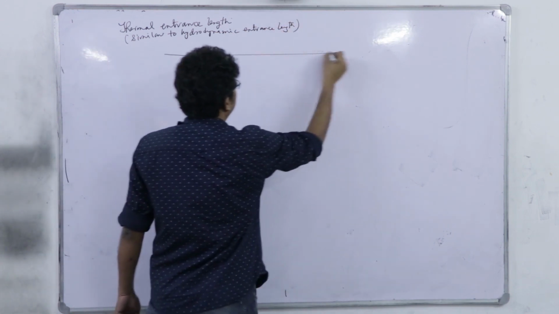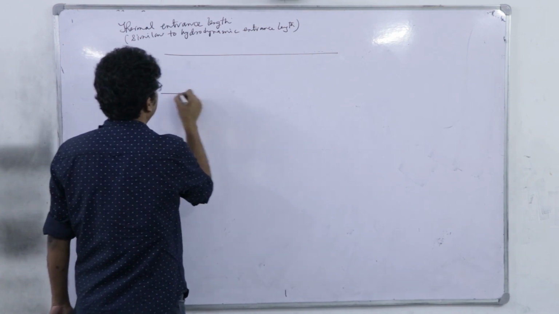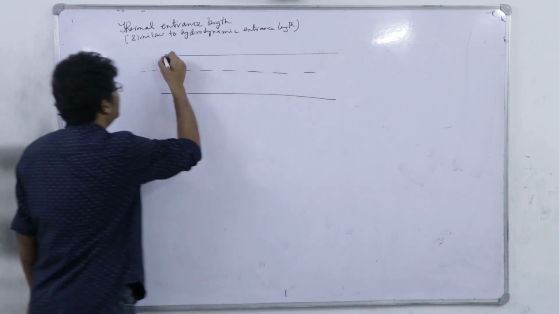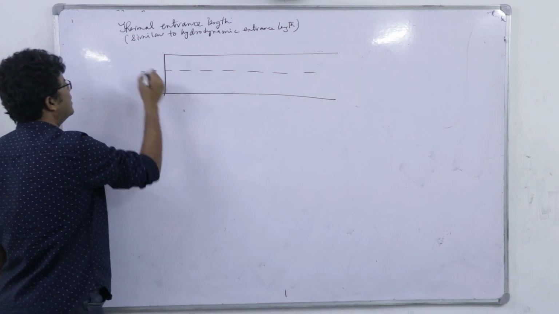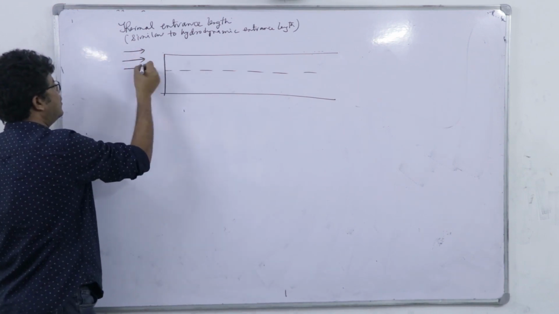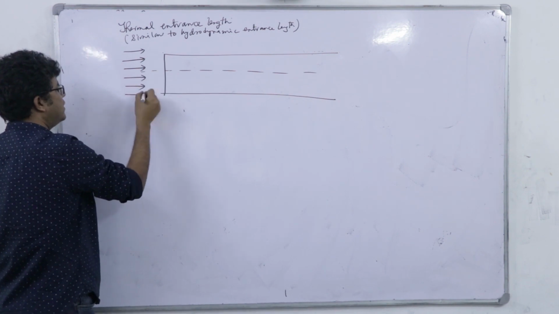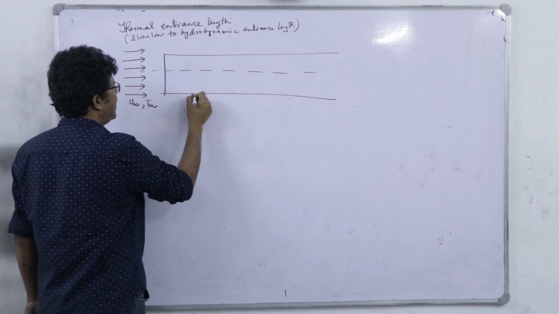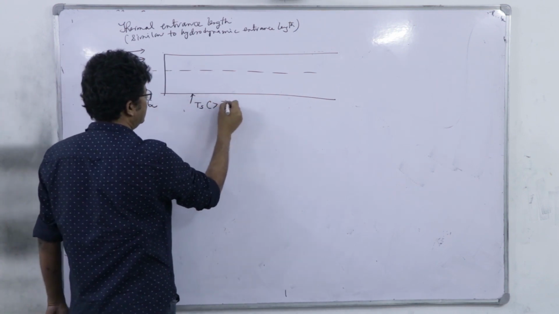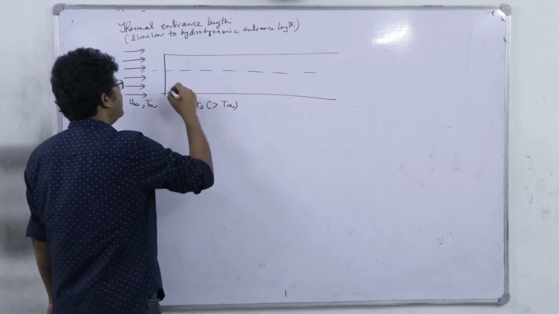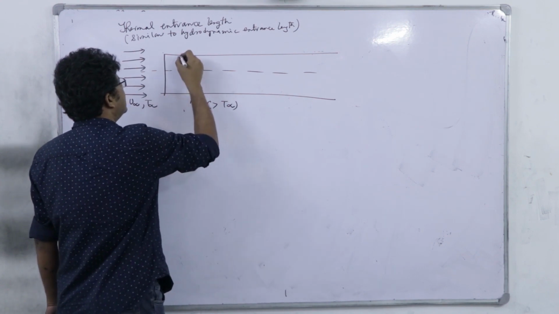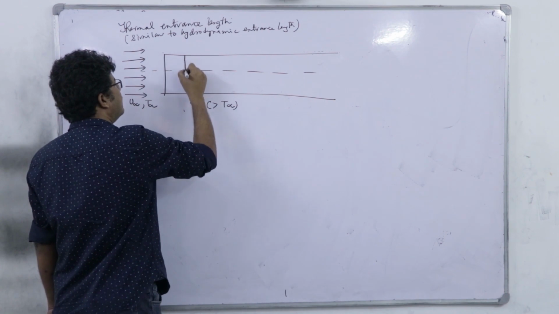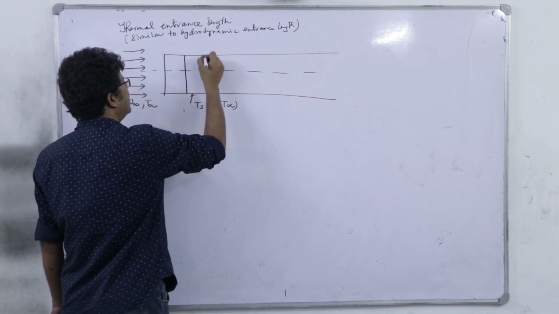So, you see a pipe, and we have uniform flow approaching it, uniform flow of velocity u infinity and temperature T infinity. The pipe has a surface temperature Ts greater than T infinity. So, here the temperature profile will be something like this.